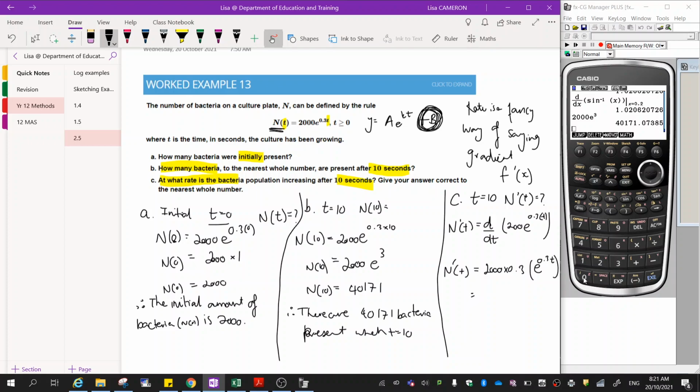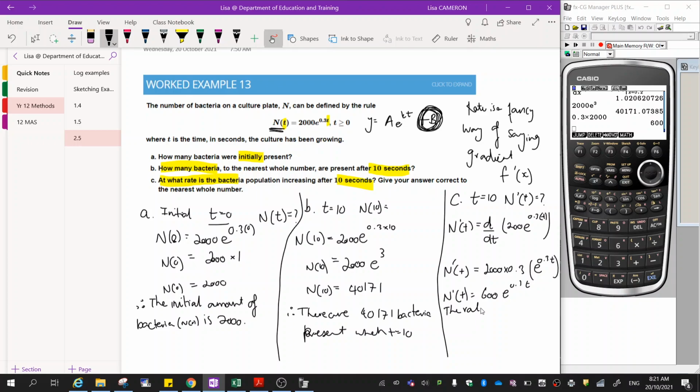So 0.3 times that gives me 600. So 600 e 0.3t. So that is a function for the gradient or a function for the rate of bacteria present at any time.